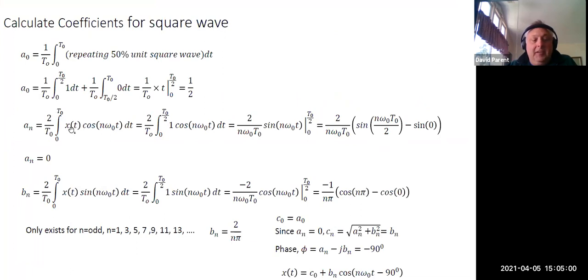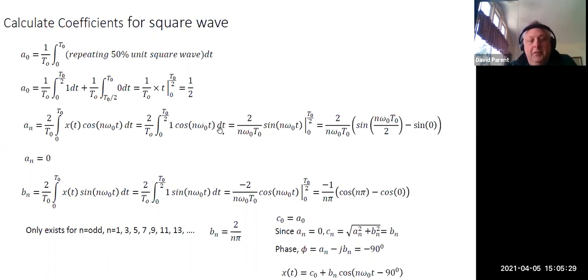So we set up our equation x(t). Remember, it's discontinuous, so we're going to integrate the first part, and then the second part we're just going to leave because it's always 0. We know that it's 0 past half the period, and we're ignoring it. All right.